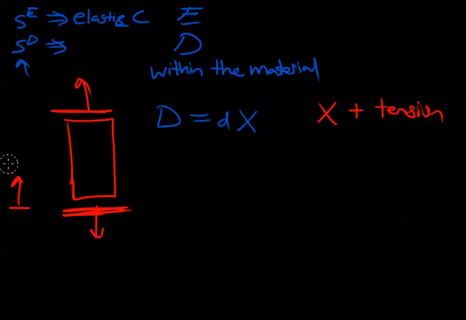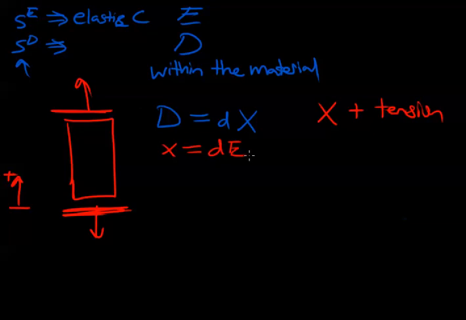This is our coordinate system. Then we also have to define what an electric field does. So let's say we had an electric field applied to it, and we would have X equals dE.